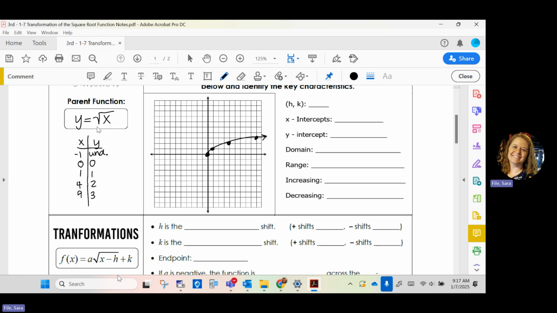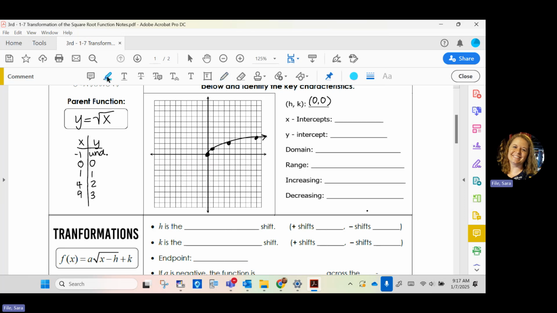Nothing, right? So they're both zeros. So our HK is actually just 0, 0 to start with for the parent function. It's this endpoint right here. So HK is the endpoint.